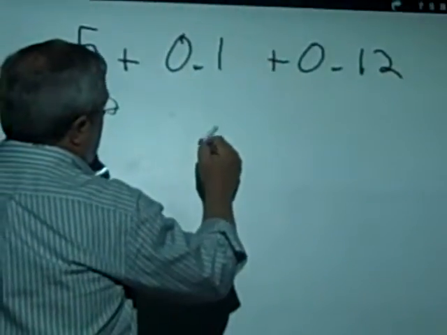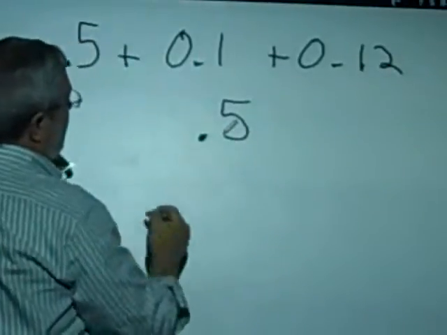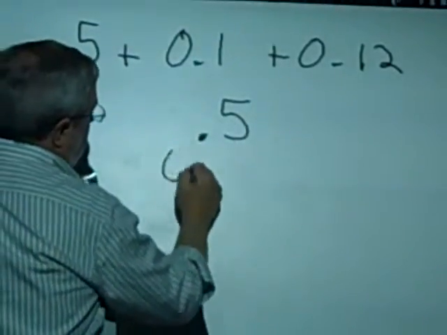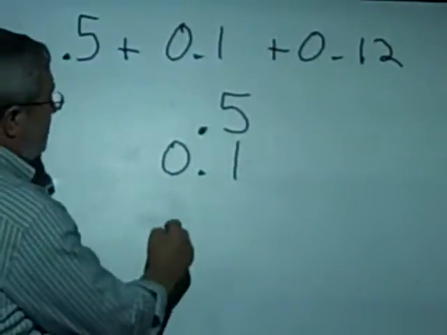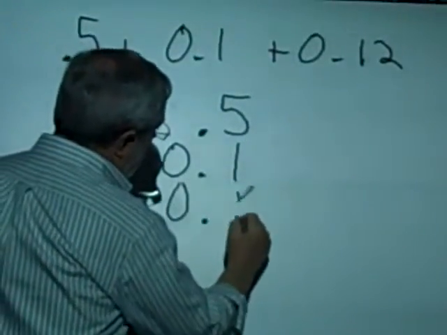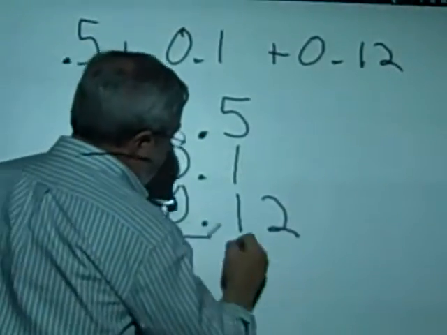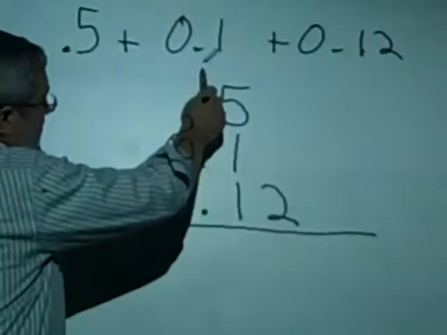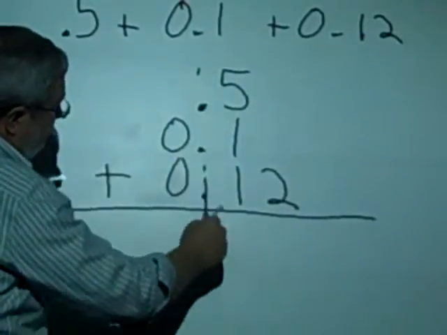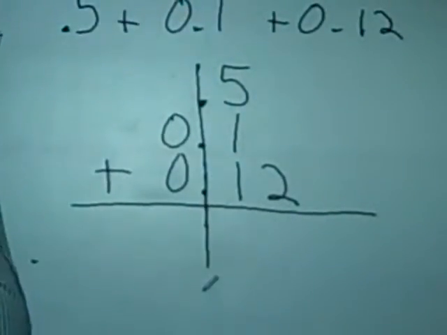So I'm going to do 0.5, I've got 0.1, that'll look just like that, and then I've got 0.12, and this is what I want to add up. And notice I've got all my decimals straight in a line just like this. And that's the way you have to do that.